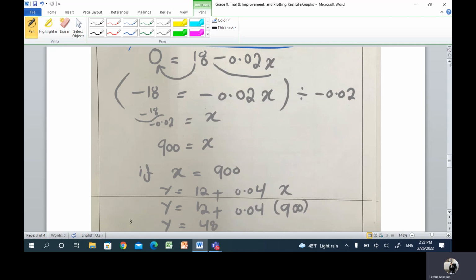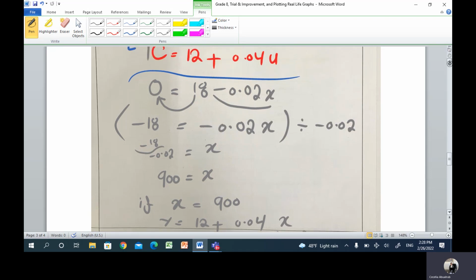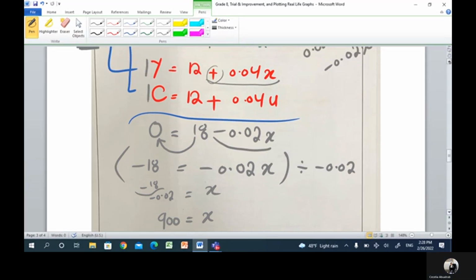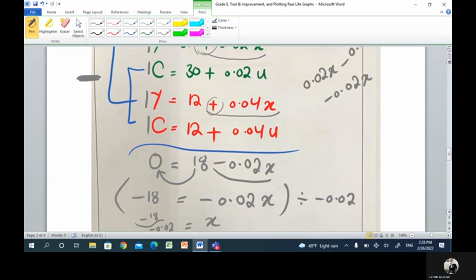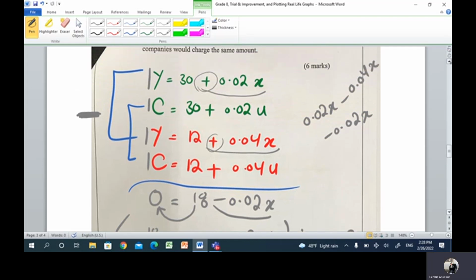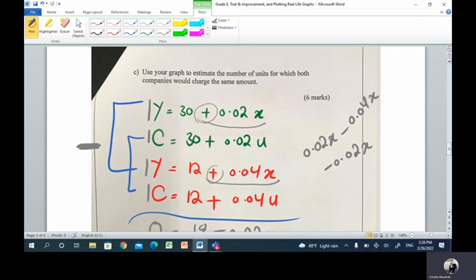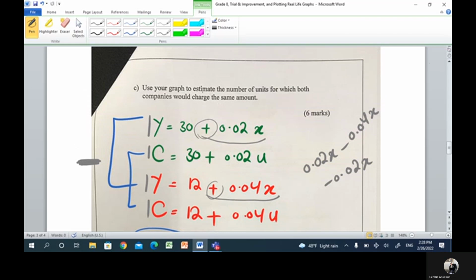So what is the answer for this question? When are you going to be charged the exact same amount when you consume the exact same amount of units of electricity?